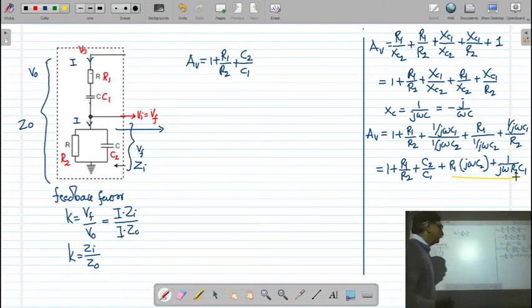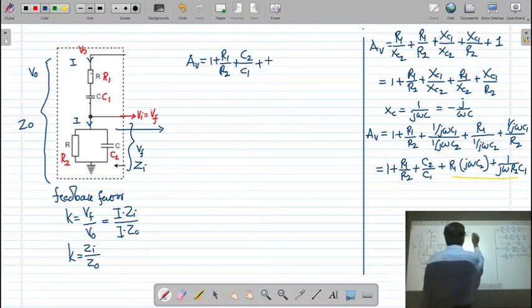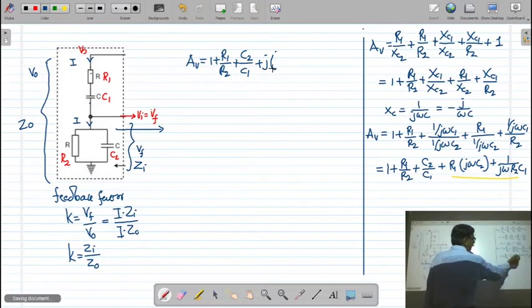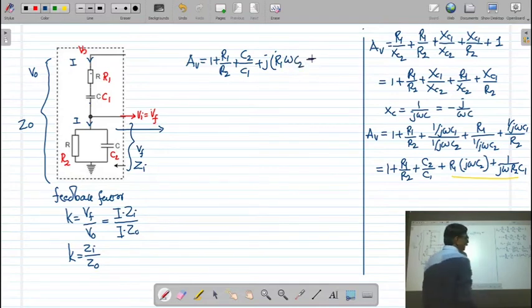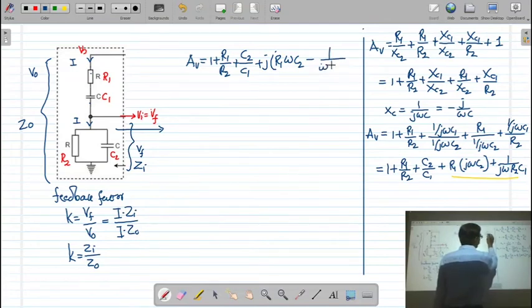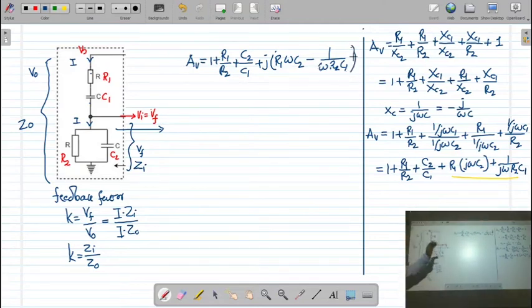If you take a plus j common, then in the bracket we have R1 omega C2 minus 1 upon omega R2 C1.